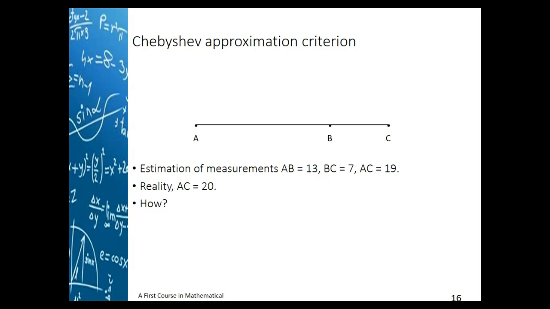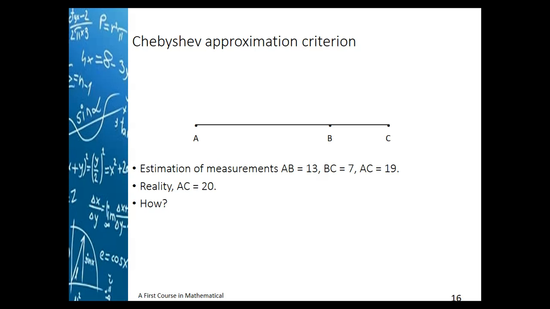For example, let's say you have three points represented with a straight line. Simple, isn't it? Your early measurement: A to B, you have 13 centimeters, whatever. B to C, you have 7, and then A to C, you have 19. That is your measurement.